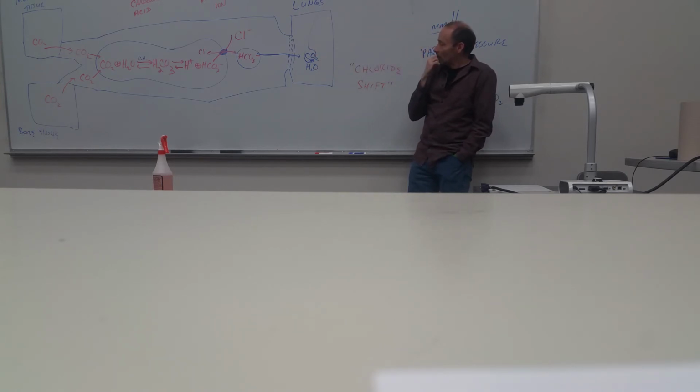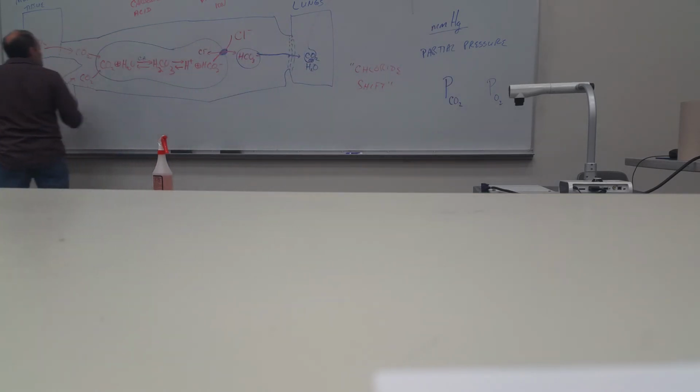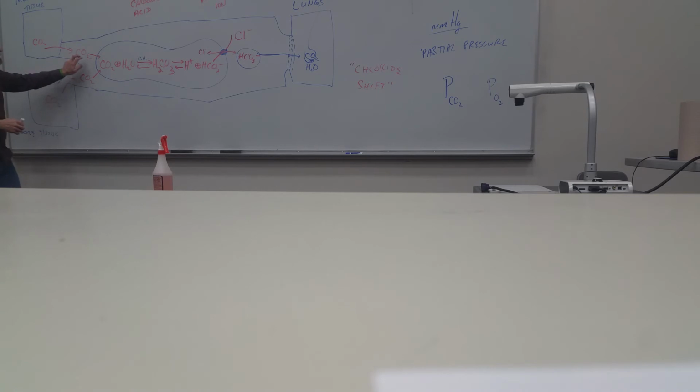Before I do that, however, let me just point out one thing. Like I said, the vast, vast majority of the CO2 that goes from here to here gets sucked into the red blood cell. Something like 93% of it does that.